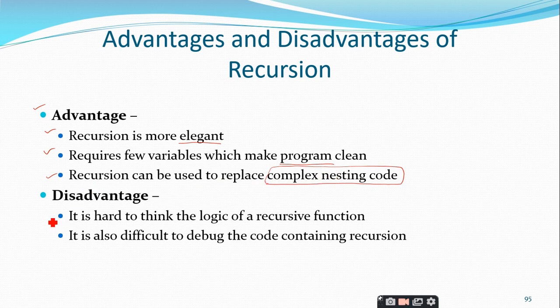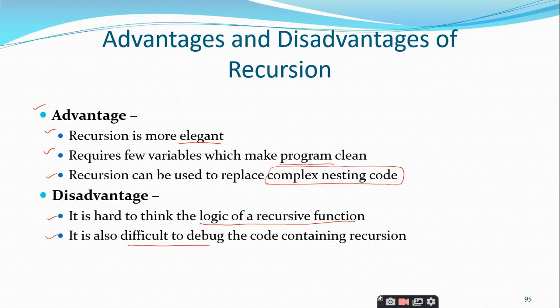And coming to the disadvantages, it is very hard to think of the logic of a recursive function. This we have discussed, and it is very difficult to debug code containing recursion. Why is it so difficult to debug? Because it involves the concept of function calls. Whenever you have a function call, overhead is involved.